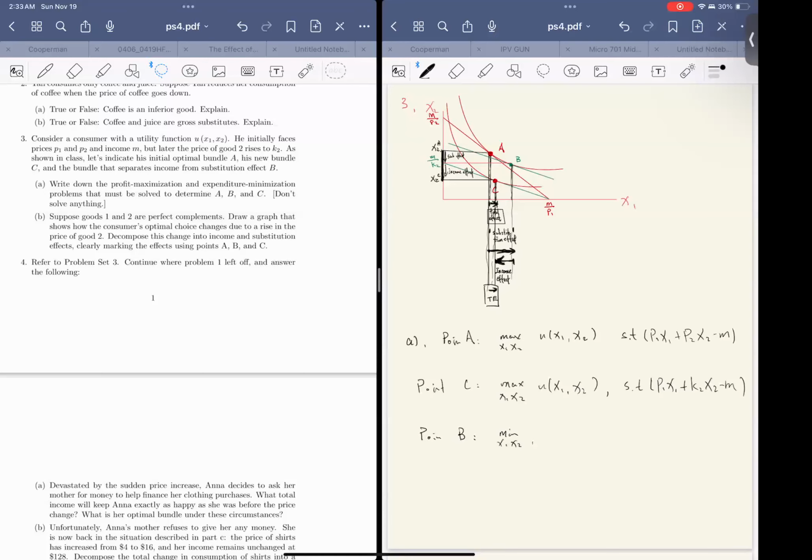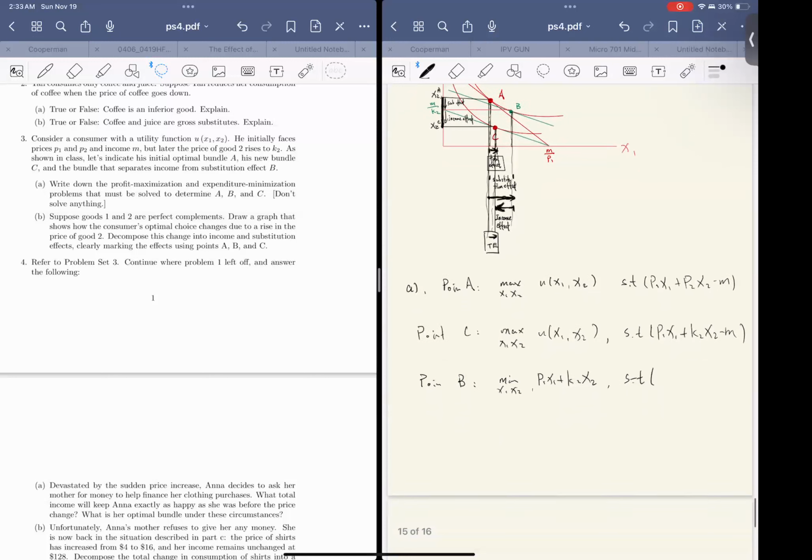We don't use the utility anymore, we use the budget. So we have P1 x1 plus K2 x2, subject to a utility of x1 and x2 that is constant.